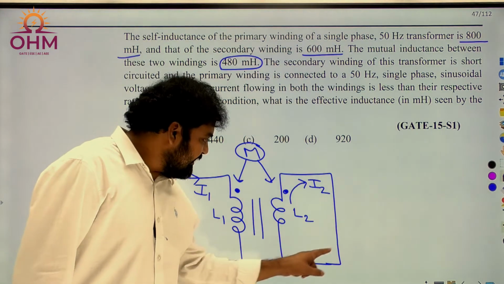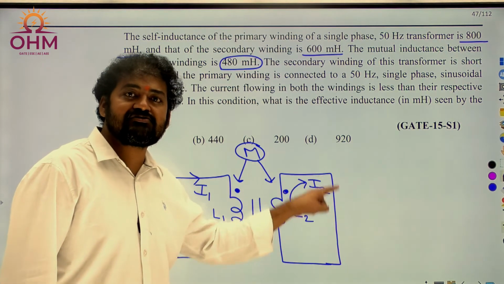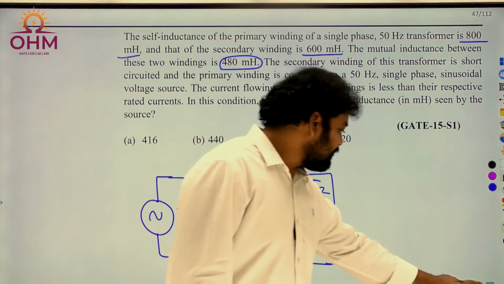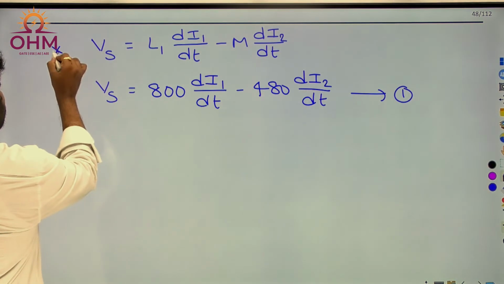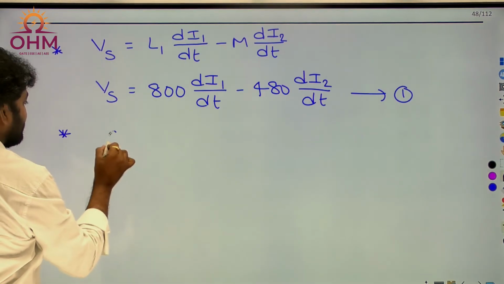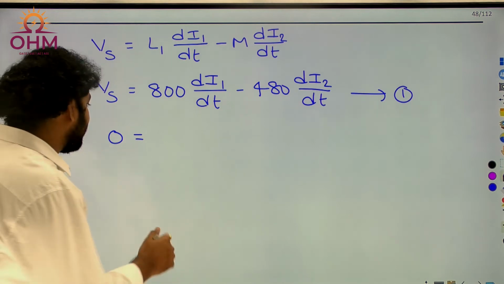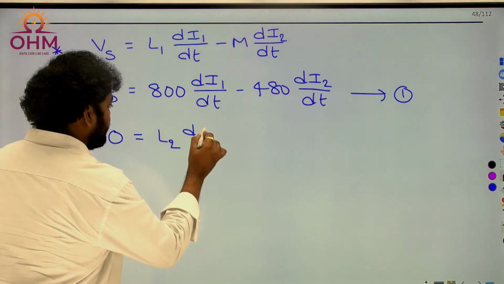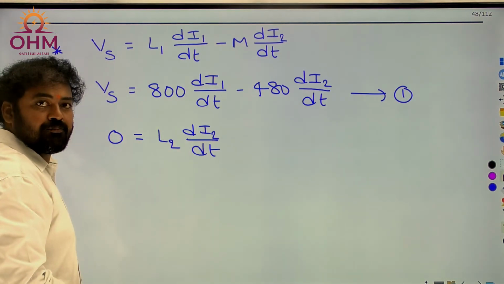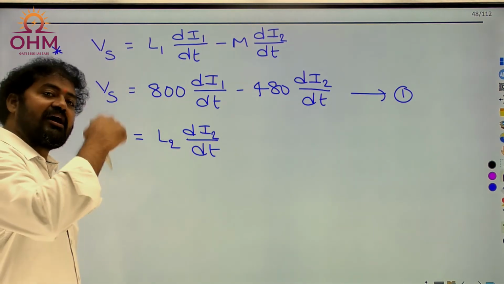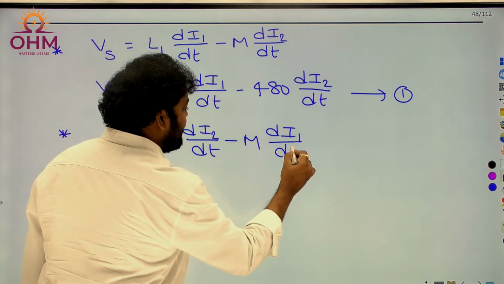But if you look at the secondary side, as the secondary winding is short circuited, what is the voltage across the short circuit? 0. Therefore, let us write down the KVL equation on the secondary side. Secondary side voltage is equal to 0 because of the short circuit, is equal to, yes, the secondary winding has a self inductance, that is L2 into di2 by dt, same inductance, same current. But mutual inductance is due to the other winding, minus M into di1 by dt.